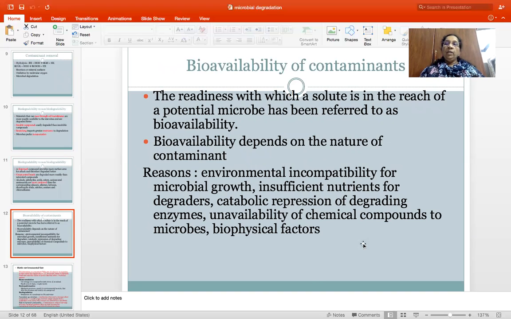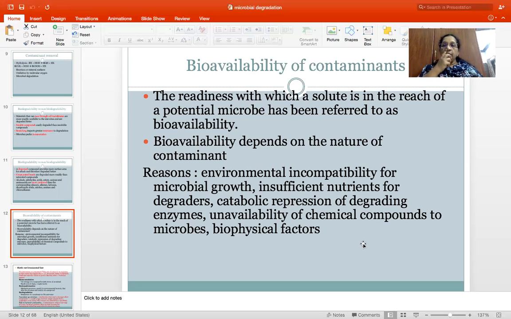And another important property is the bioavailability. Once the compound is more bioavailable, it will be degraded easier. Even though the compound is there, if it is not in the bioavailable form, it will not be degraded by the microorganism.